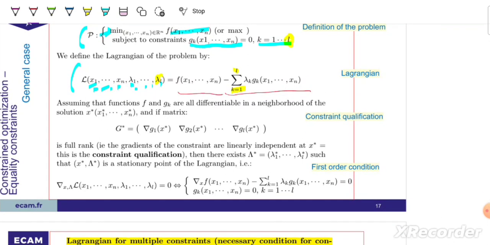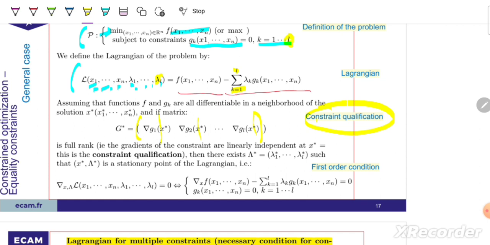Next we have to look at the qualification of the constraints. Previously, when we had only one constraint, we wanted the gradient of the constraint not to cancel in the feasible set. Here it's going to be an equivalent condition. We make the matrix that contains as columns the gradients of all my constraints, and it has to be full rank.